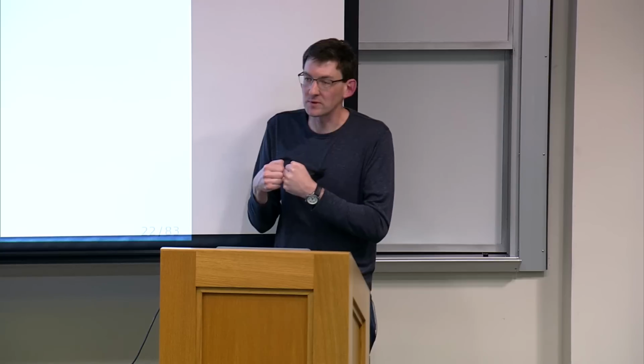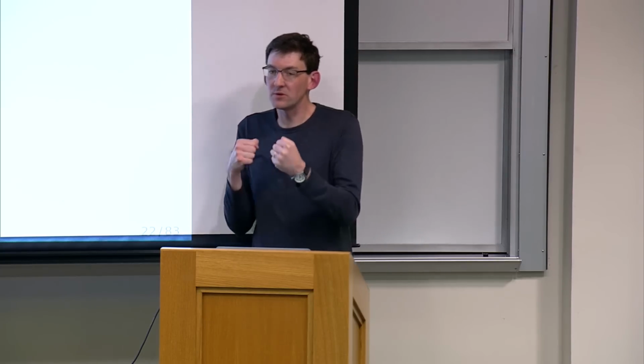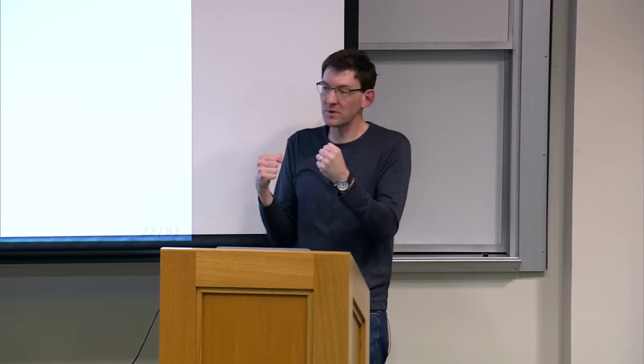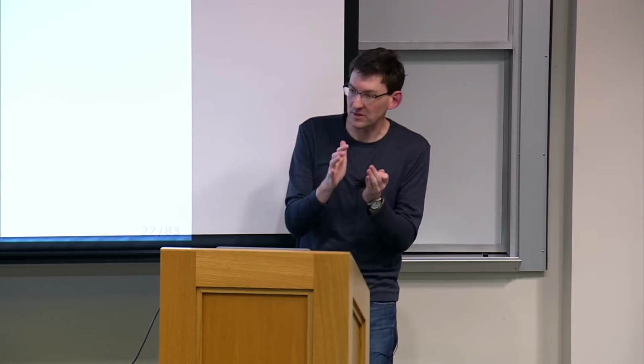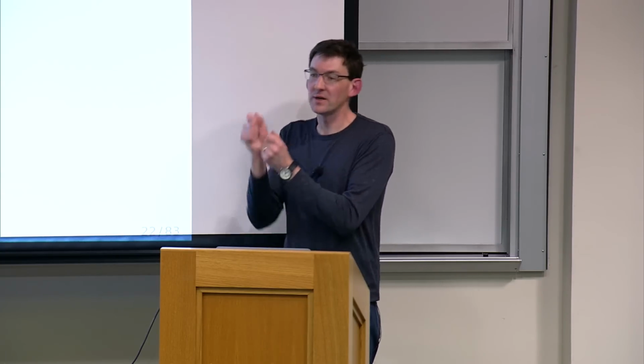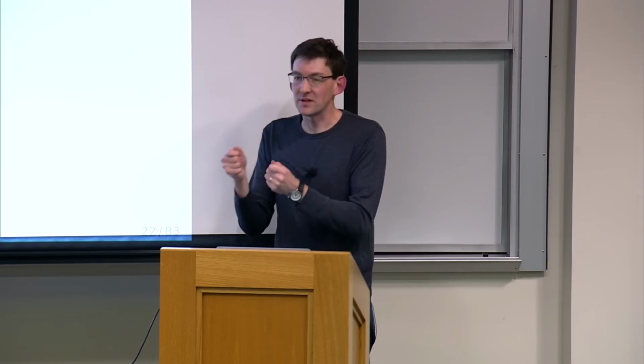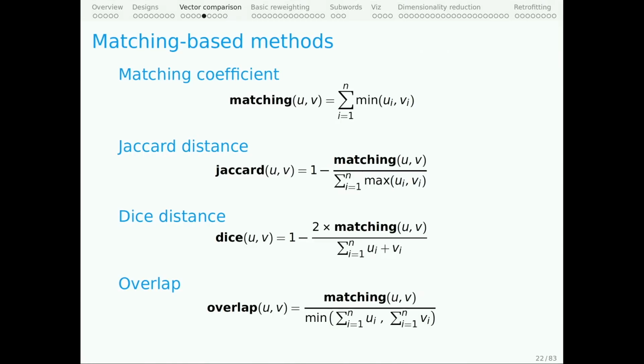But when you move to continuous values, you can't just do a straightforward set theoretic intersection. And the closest you can come, in continuous space, is the smaller of the two. Because if I have a 0 and a 1, I'm going to get the 0. And that corresponds to the intersection idea. If I have two 1s, I'll get a 1. And again, just like intersection. That's the best I can do.